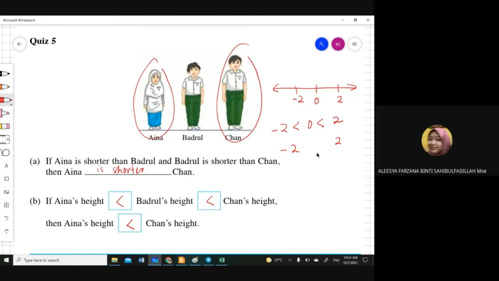Less than. Correct, less than, because you just compare these two. When -2 is less than 0, and 0 is less than 2, for sure -2 is also less than 2. So you can see from the number line here, -2 is less than 2. They skipped the 0 already.